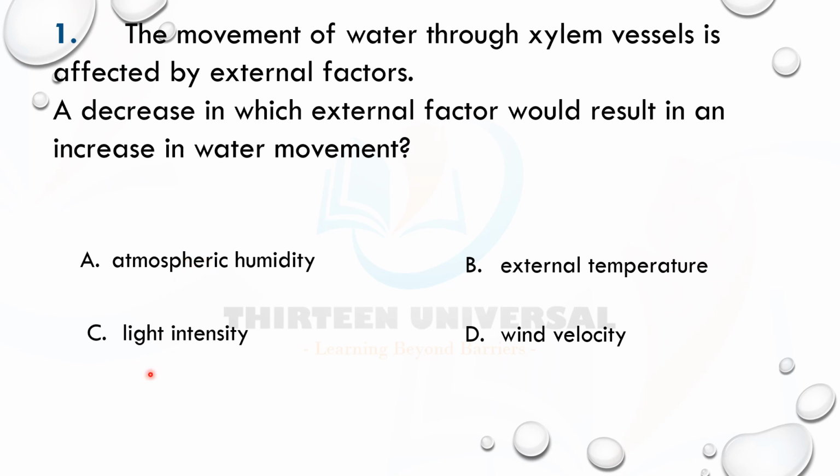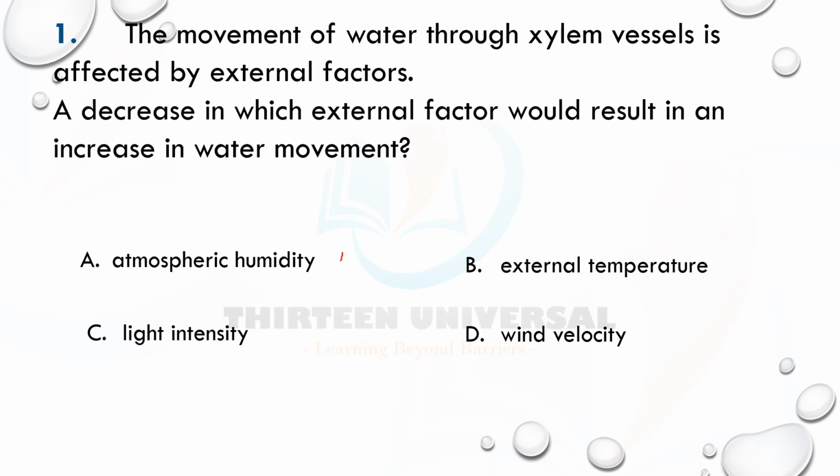Guys, watch. These are the four factors: atmospheric humidity, light intensity, external temperature, and wind velocity or wind speed. Remember, the question asks about a decrease in which factor will cause an increase.